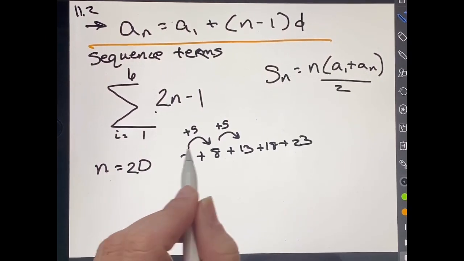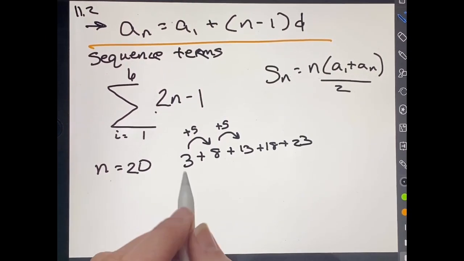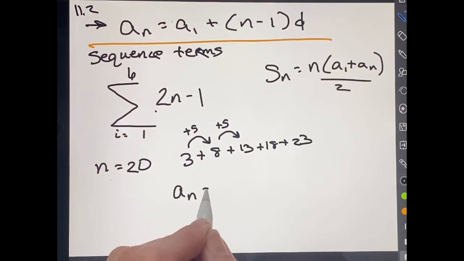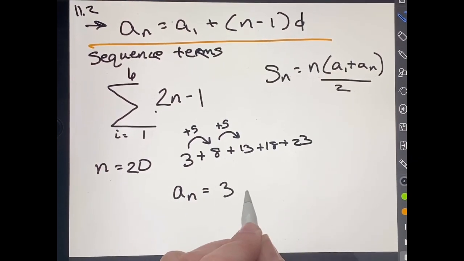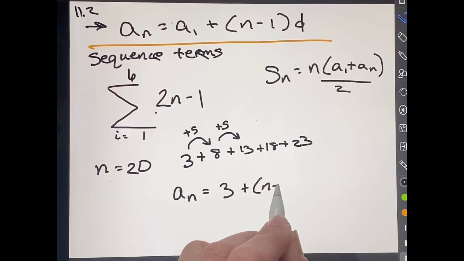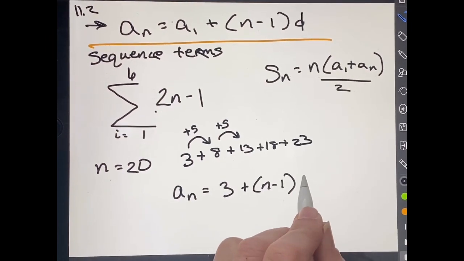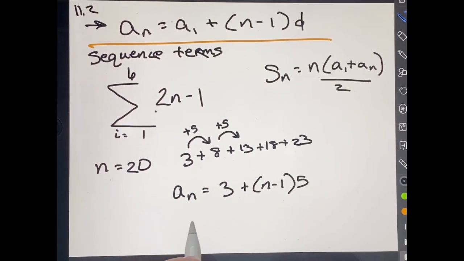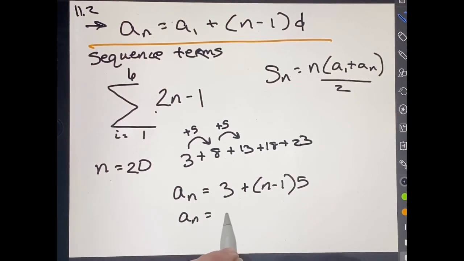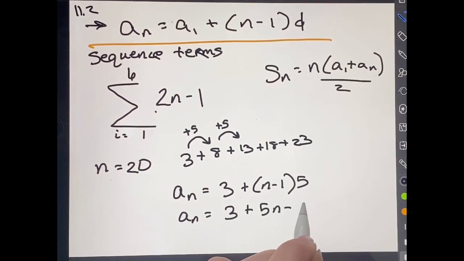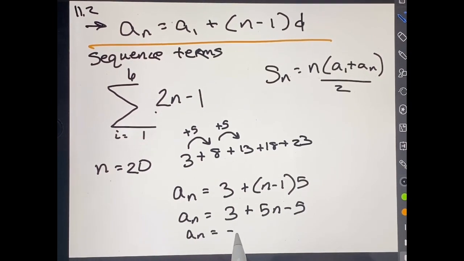We know that our first term is 3. So I can say for any value, I'm going to take my first term, I'm going to jump 1 less time than n, and every single time I jump, I'm going to add 5. So my value for any term is 3 plus 5n minus 5. a sub n is equal to negative 2 plus 5n.